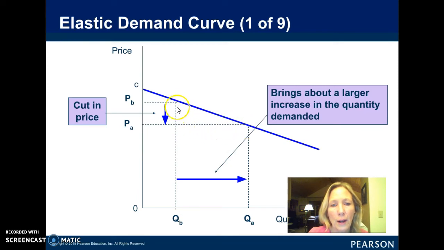So a small change in price causes a great change in quantity demanded. That is a characteristic of an elastic good. So if we lower prices, consumers are going to buy a lot more of that good because the other good didn't lower prices, and that would be the substitute. So a decrease in price causes a great increase in quantity demanded in an elastic demand curve.